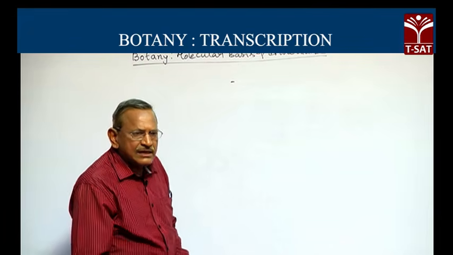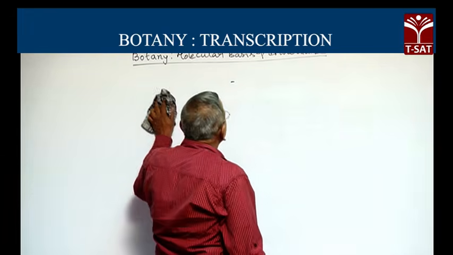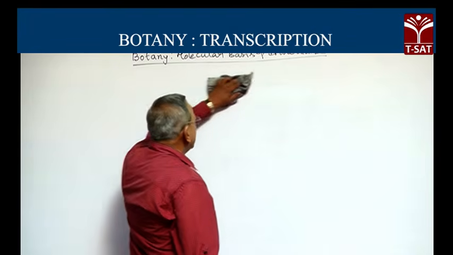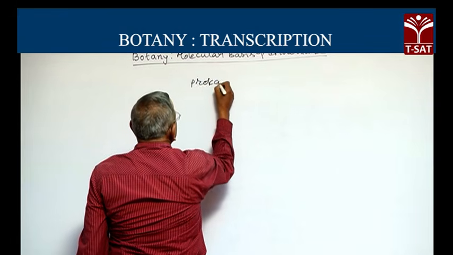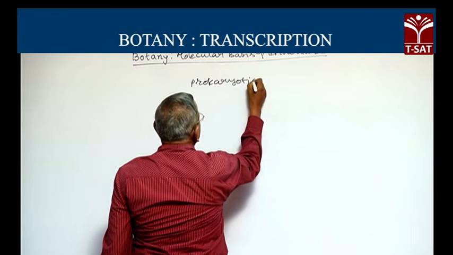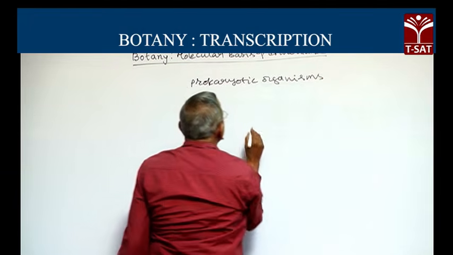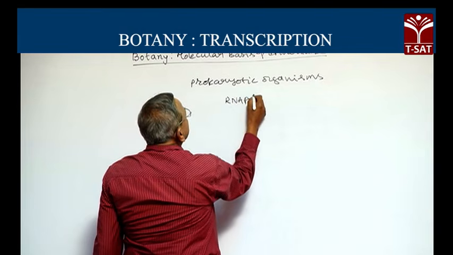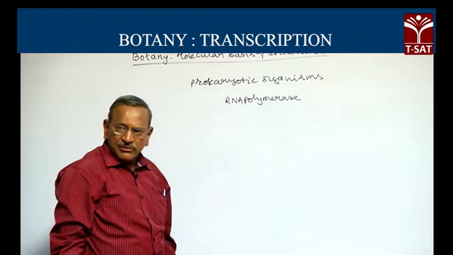Now let us consider the types of RNA and how they are synthesized, transcribed. In case of prokaryotic organisms, there is only one kind of RNA polymerase, DNA dependent RNA polymerase.